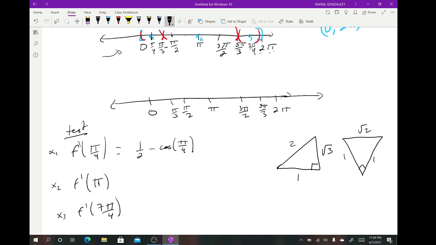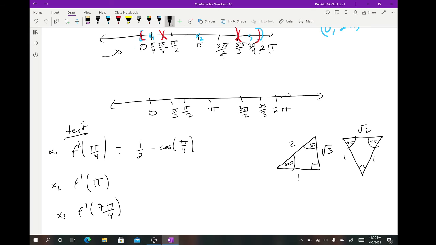Let me just make sure that is correct. Yeah, that is correct. All right, so the angles are as follows. So this is a 60-degree angle, 30-degree angle, and then the interior angles of the other triangle are 45.